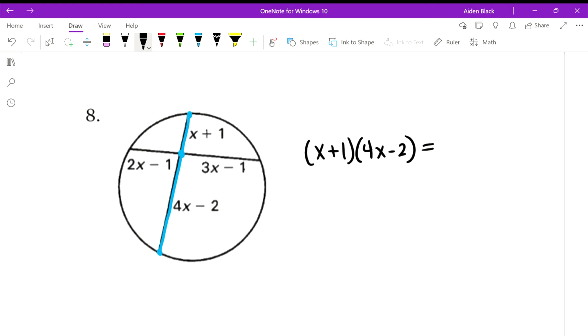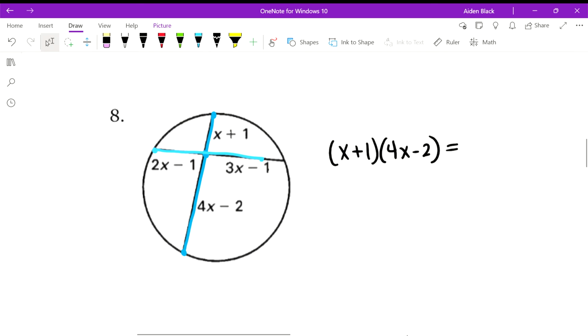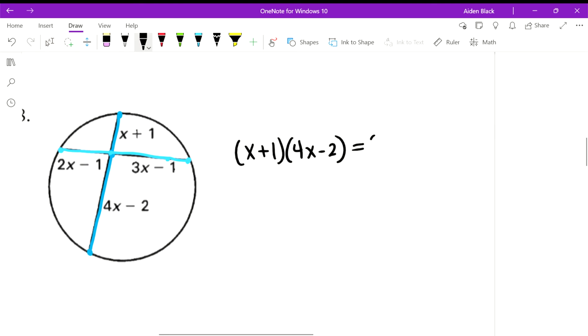And that is equal to, and you must look at the other chord. It's two segments here. So we have is equal to 2x minus 1 times 3x minus 1.